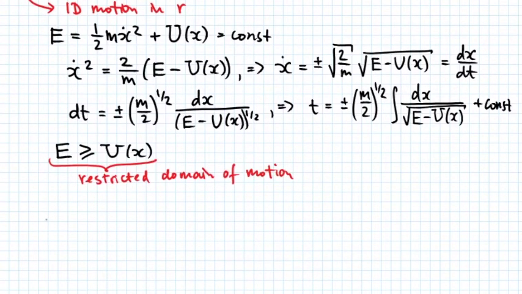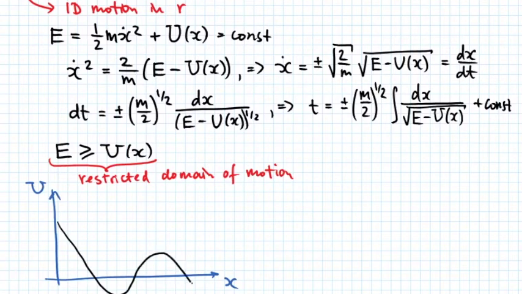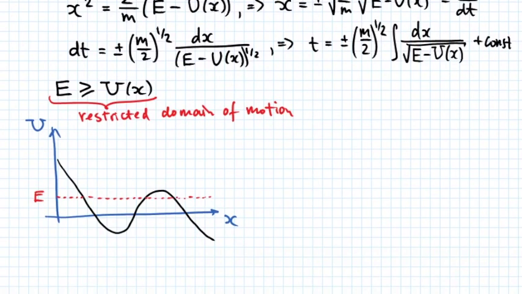For example, if our potential energy U as a function of position x has some dependence on x, and the energy E, we see that there are forbidden ranges of motion as well as allowed but restricted domains of motion.